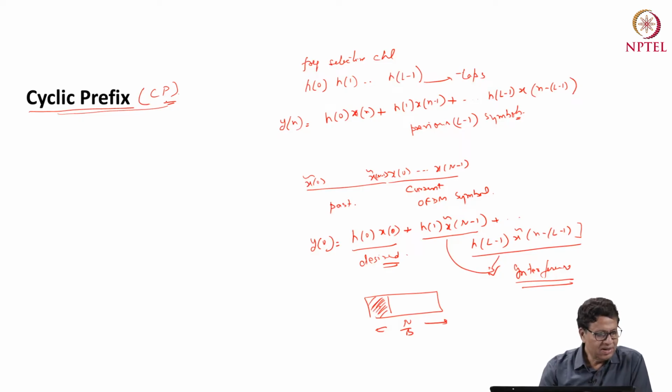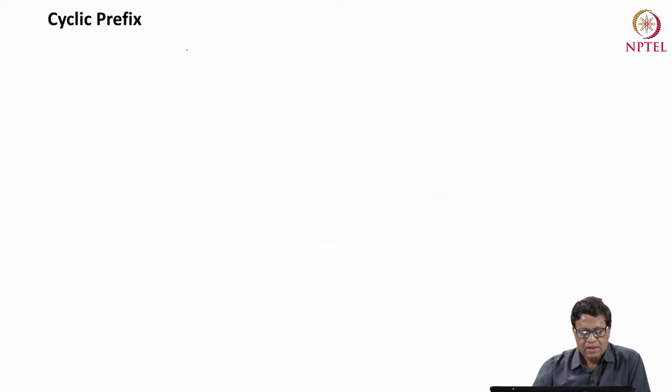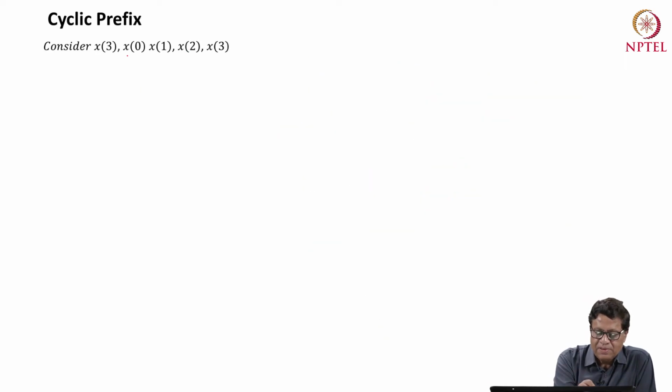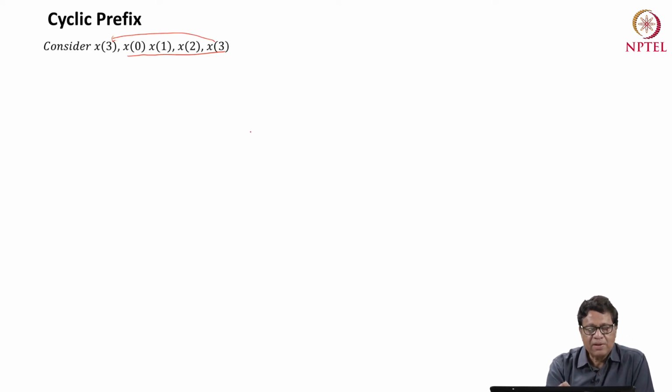So what actually is done in cyclic prefix? Suppose these are your samples, x0, x1, x2, x3. Now, some part of the signal is repeated in the beginning. So this is actually the cyclic prefix. I have shown only one here, but how many have to be prefixed to the OFDM symbol depends on the delay spread and other factors.